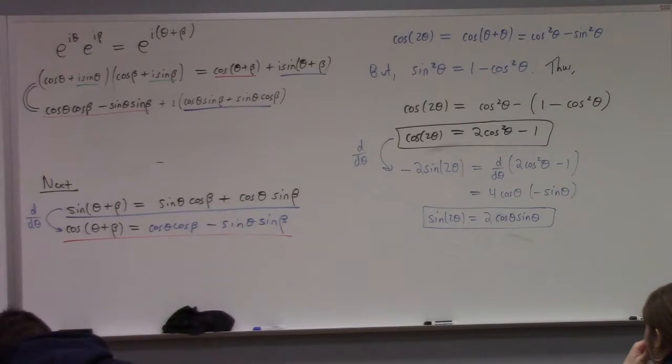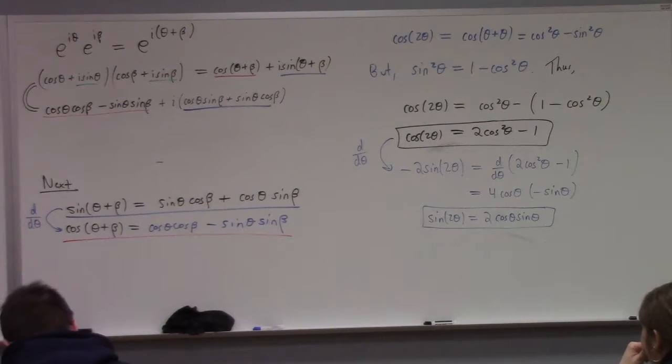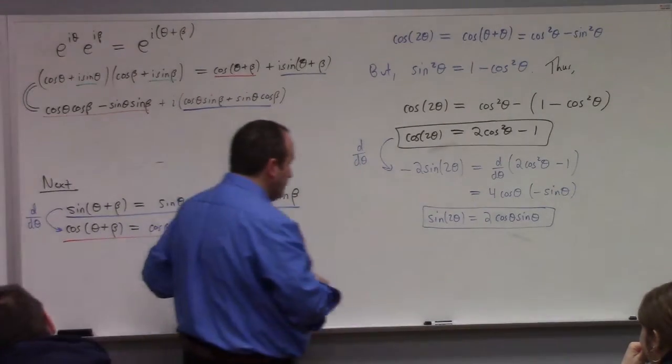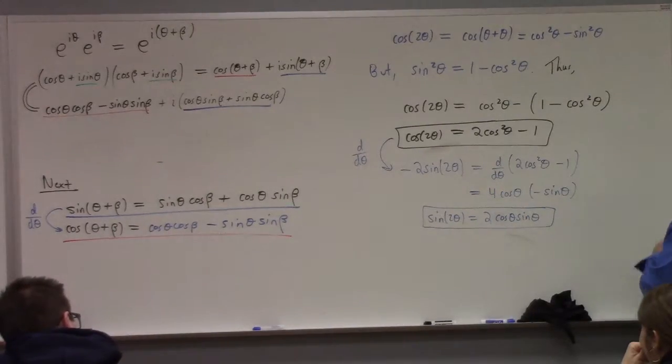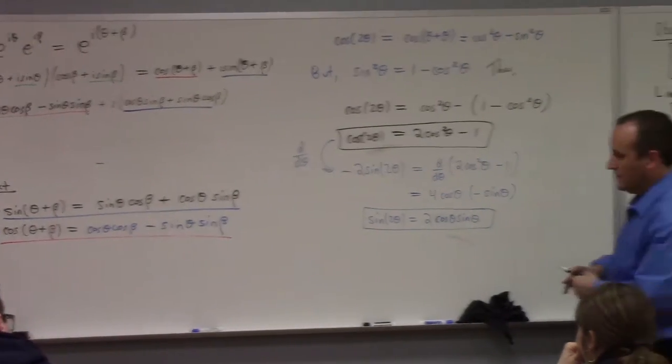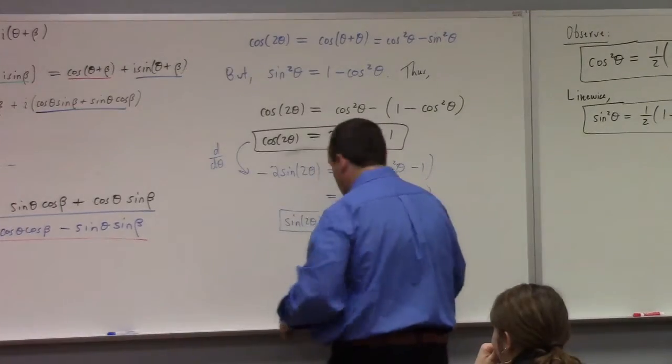It also allows you to derive trig identities which would be otherwise kind of hard to find. So can you guys integrate? Let's apply this technology to something kind of non-obvious.